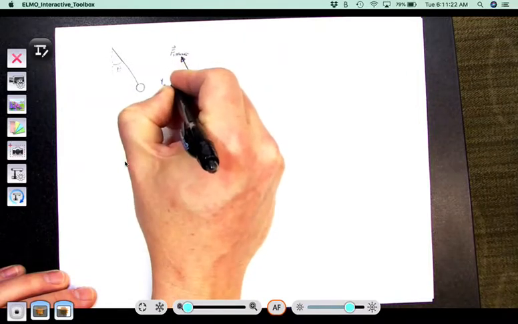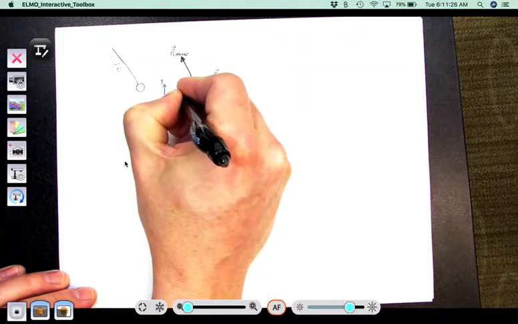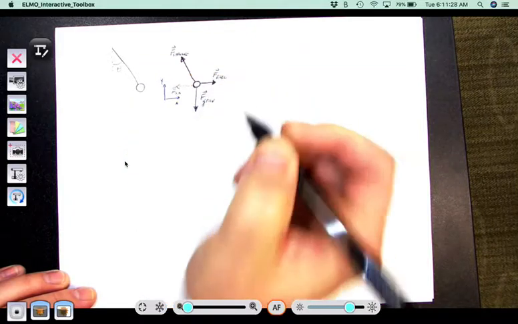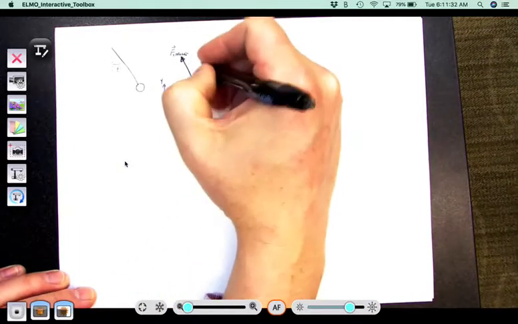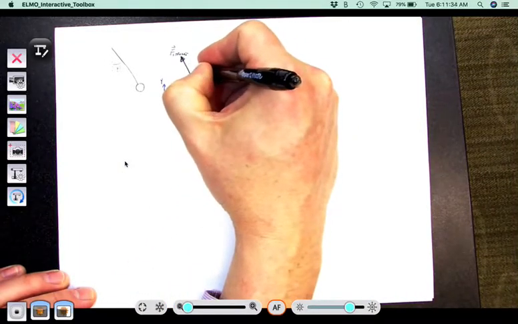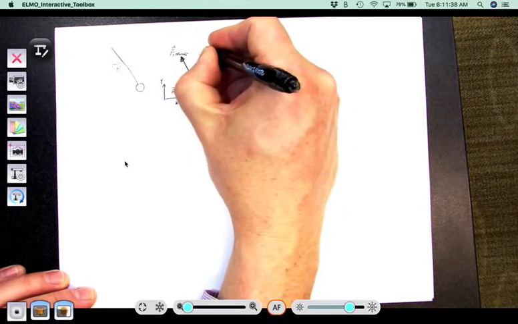So hopefully you recall breaking forces into x and y components when you did your Physics 1 work. And similarly, this gravitational force is going to be equal to the y component of the string force.